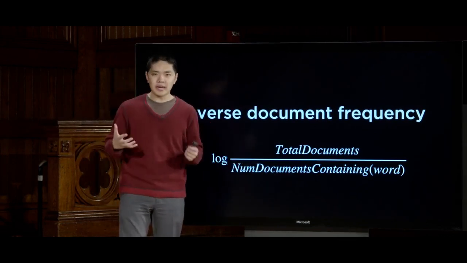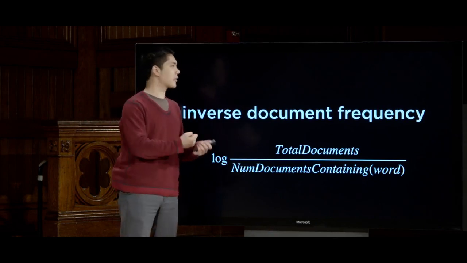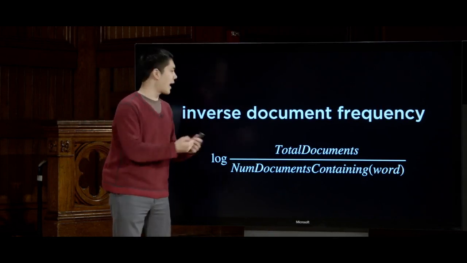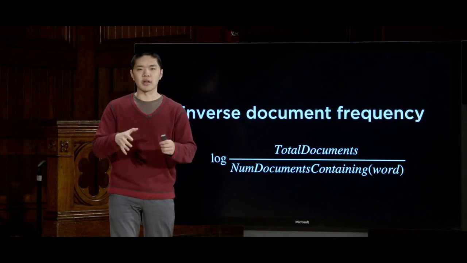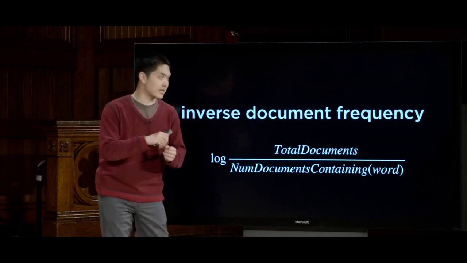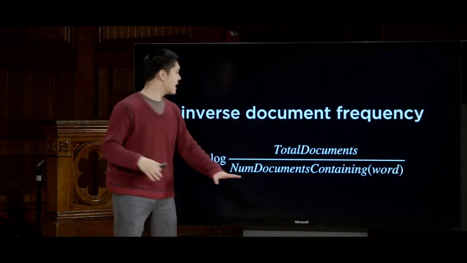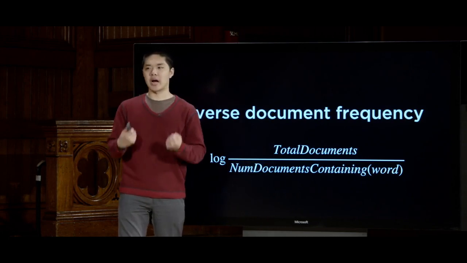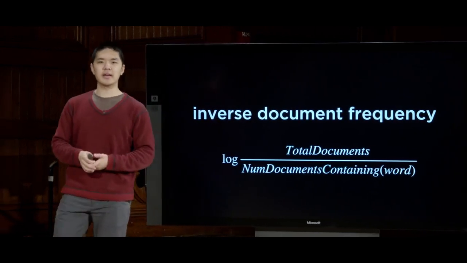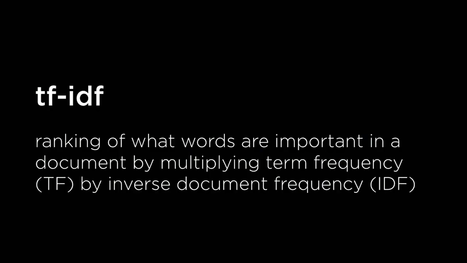And you can think now of inverse document frequency as a measure of how rare is the word that shows up in this particular document. That if a word doesn't show up across many documents at all, this number is going to be much higher. And this then gets us at a model known as TF-IDF, which is a method for ranking what words are important in a document by multiplying these two ideas together.